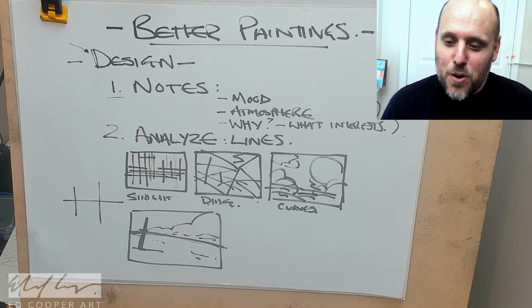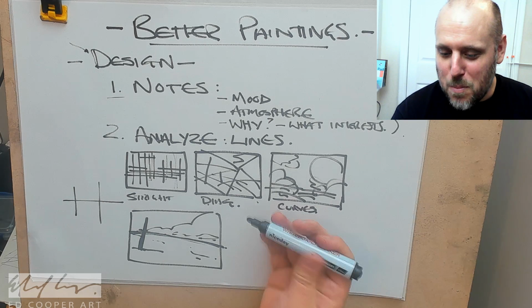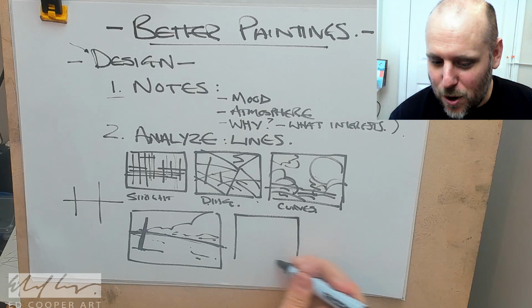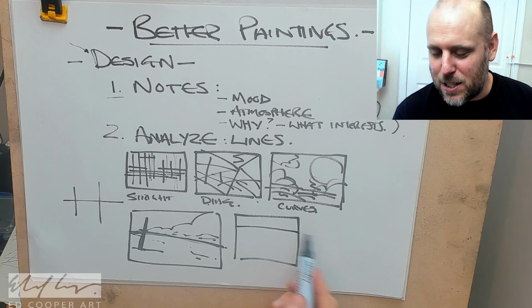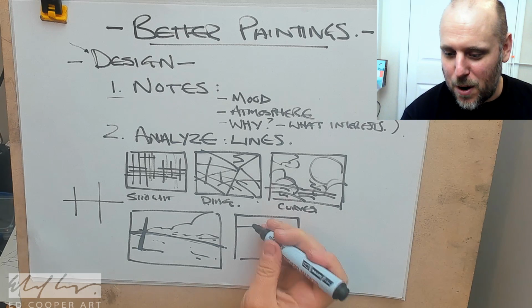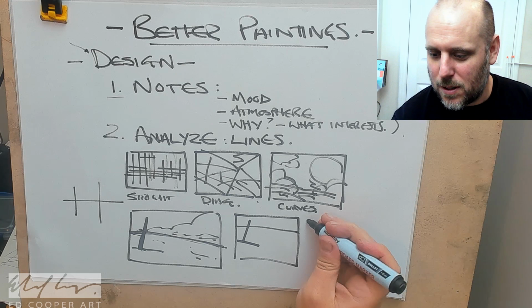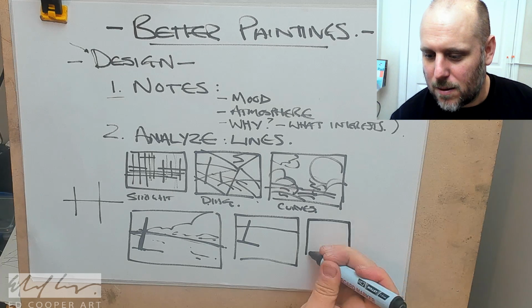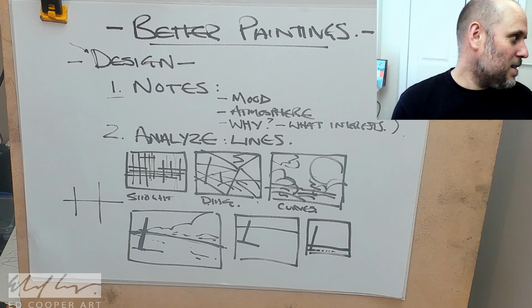But you go through a process of asking yourself about the line drawing. And then you might also go through that stage of, if we take this composition here, playing with different arrangements. Let's say like that, or let's say like that.